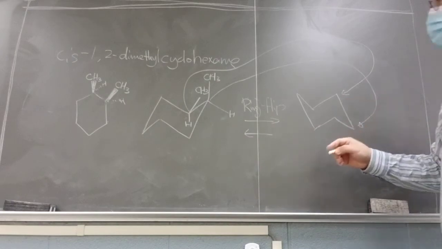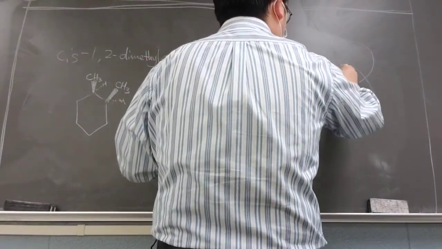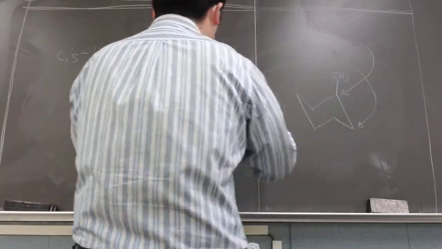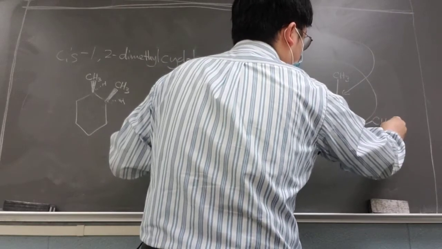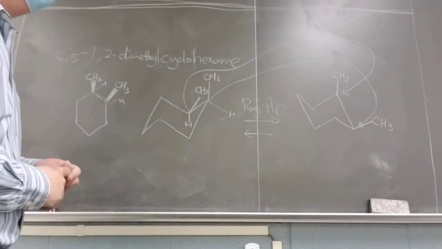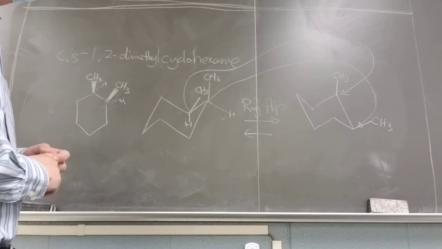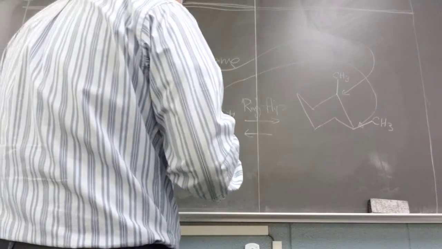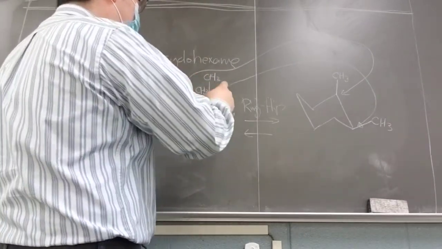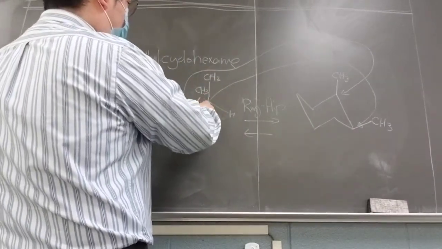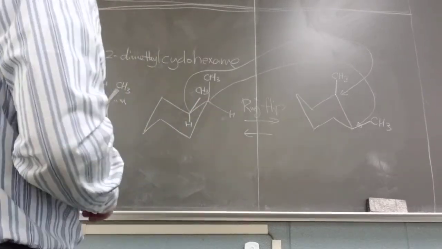So this up position will be coming up, and this is up, so it'll be an up equatorial position. In this case, if you look at this one here, let me try to.